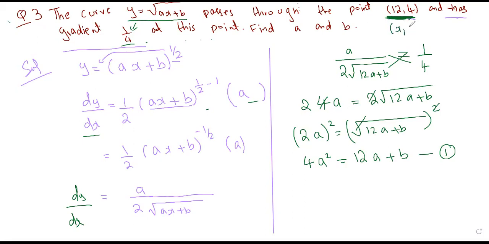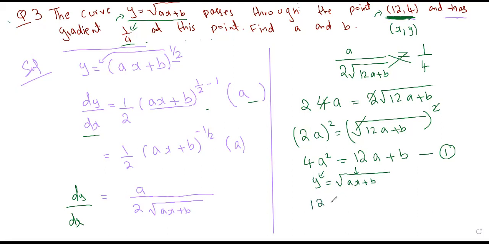This is the x coordinate, this is the y coordinate. This is the equation, and this curve passes through this point, so I have y equals under the root ax plus b. When I plug in the values of x and y, the equation would be satisfied because this curve passes through the point (12, 4). Okay.